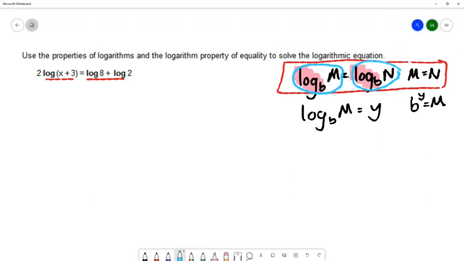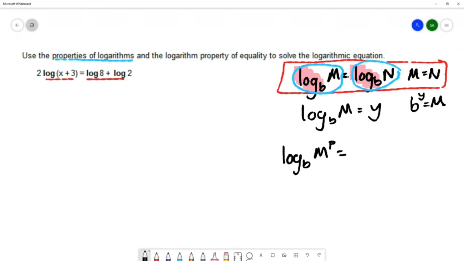So we're going to use some properties of logarithms. And there's two that we're going to use in this problem. One of them is the power rule for exponents. And the power rule deals with this situation where you have log base b of m to a power.